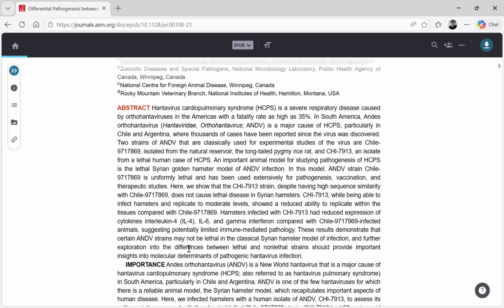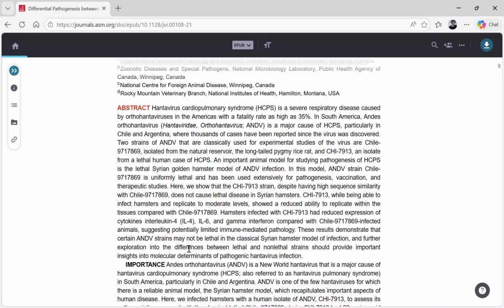So that's also interesting that there was a reduced expression of the cytokines. So there seemed to be less of an immune response, suggesting potentially limited immune-mediated pathology.